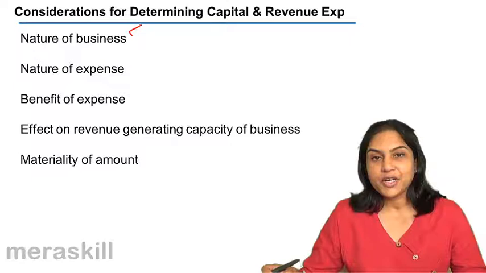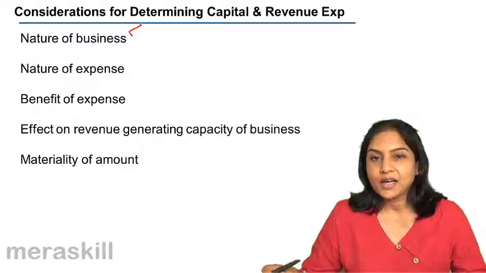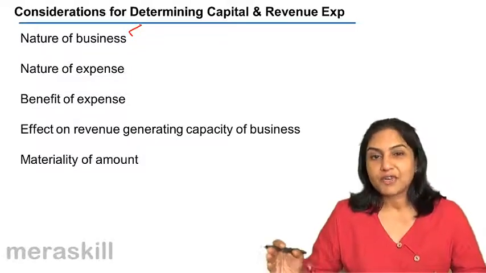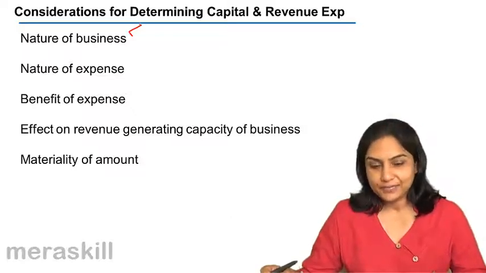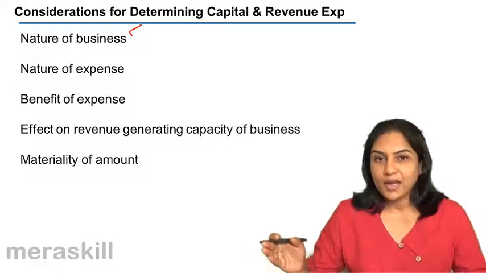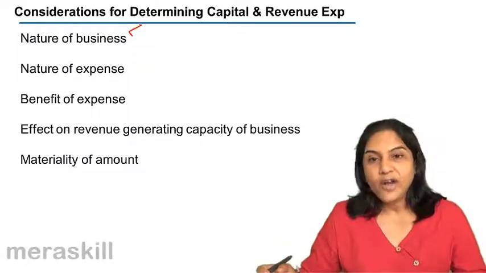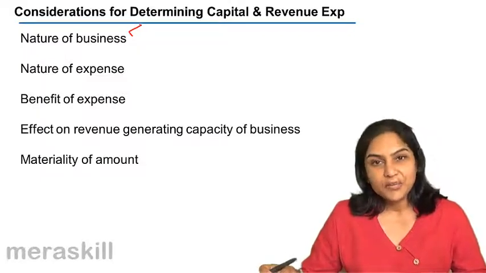If I buy the furniture in order to sell, it becomes an expense. If I buy the furniture in order to use it for several years, for more than a year, it would become an asset. So the same item could be a revenue expenditure or a capital expenditure depending on the nature of a business.